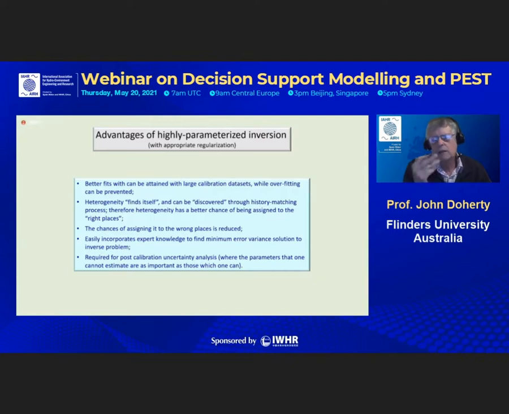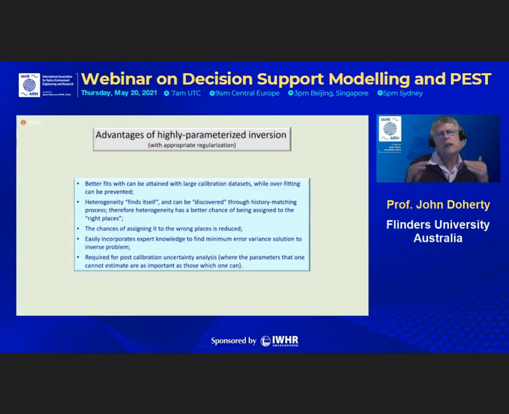Why? Firstly, having lots of parameters doesn't cost us very much at all with modern technology. Secondly, we need to assimilate data. We need to fit data well, provided the model's good enough to do that, provided there's not much noise associated with that data. If we have a lot of parameters, we do get the minimum error variance solution to an inverse problem.